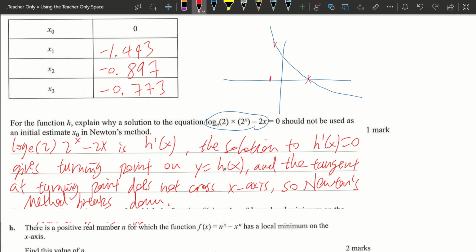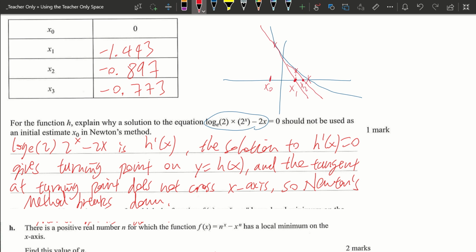You go to the graph at that x value and you draw a tangent, and you find the x-intercept of the tangent. So this is x0, and that becomes x1. You go up to the dot on the graph, and you draw another tangent, and the x-intercept of the tangent becomes x2, and so on.